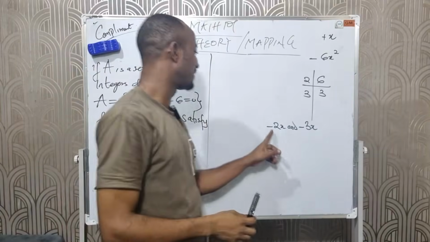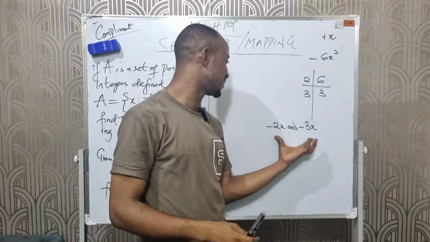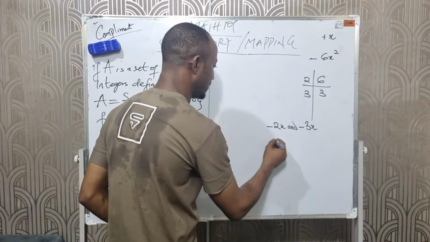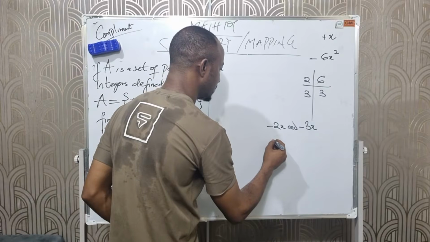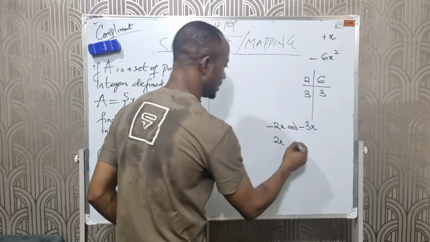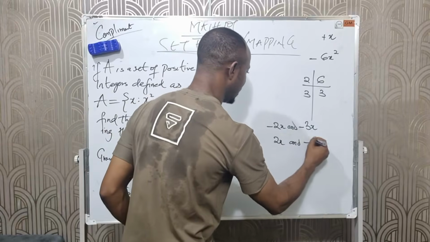I can't have both of them negative, because the end result will give us plus. Now let's try this: let's say 2x and minus 3x.